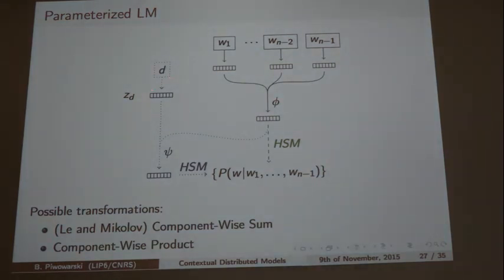And then there is a document which is represented by a vector, and then there is a function psi that just combines the state vector, which is obtained from the context, and the document vector. So if the psi function is just a sum of the two components, this is Le and Nicolas' work, and then you can use different things. We started with simple things, which are component-wise products of the terms of the vectors.